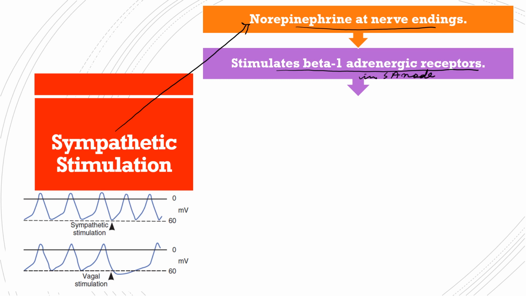The binding of norepinephrine with the SA node causes activation of G stimulatory protein.